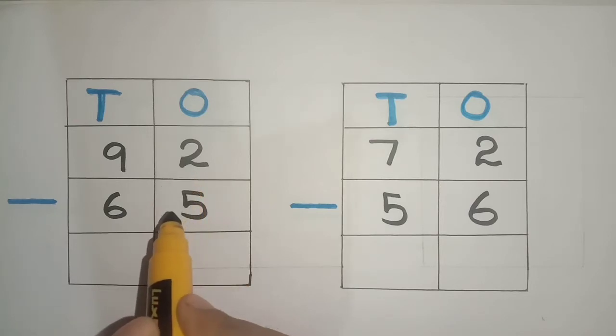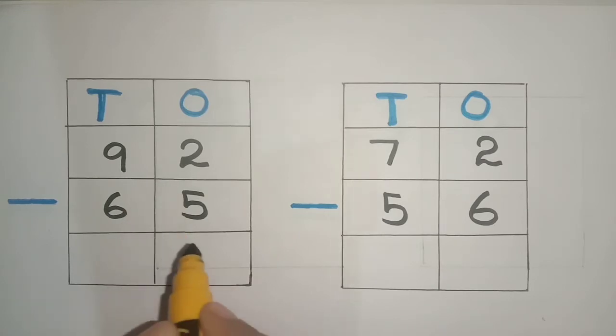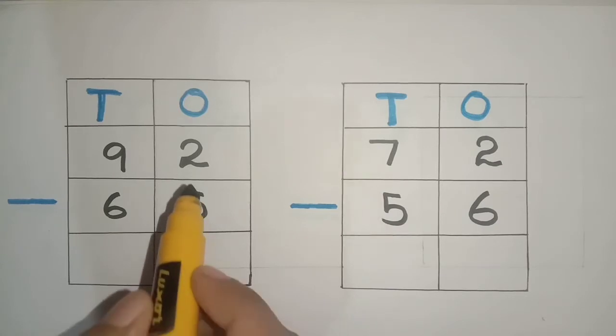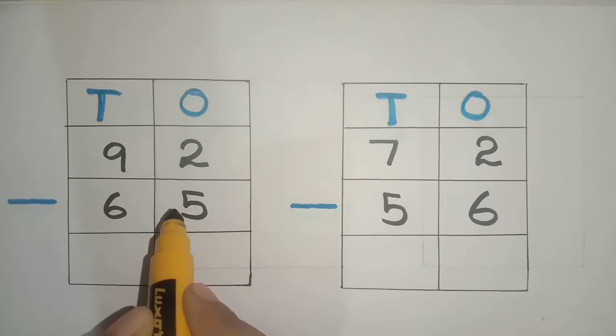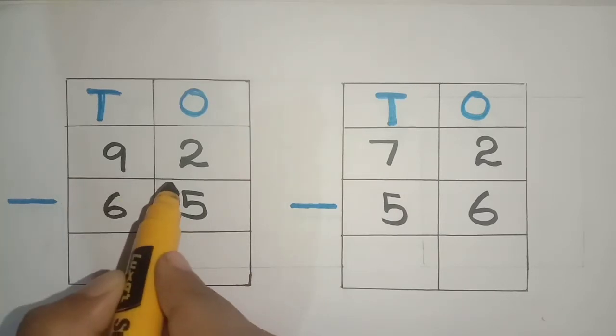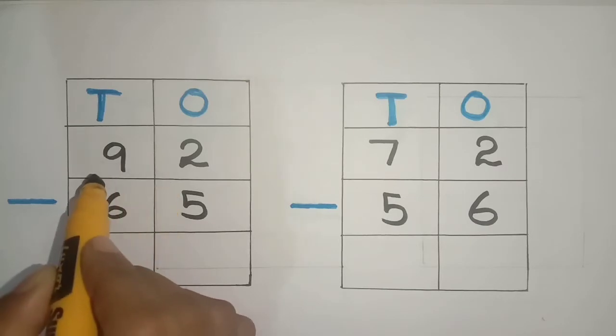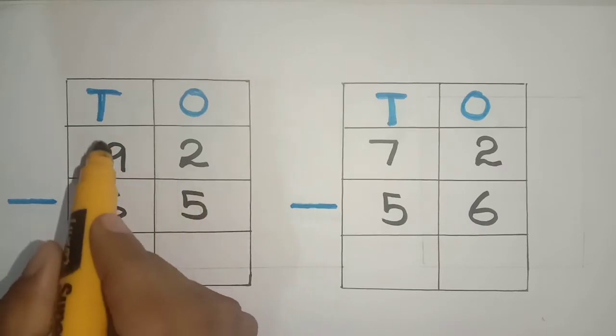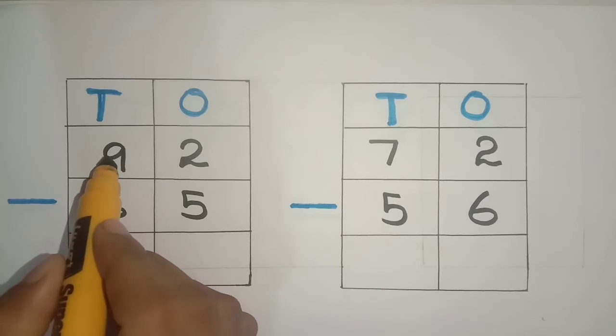So it cannot be subtracted. So what will we do here? Here we are going to do borrowing. 2 minus 5 is not possible, so we borrow one from the next place. What's the next place? The place of tens. 9 is here.